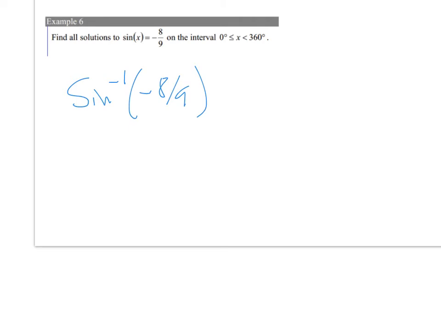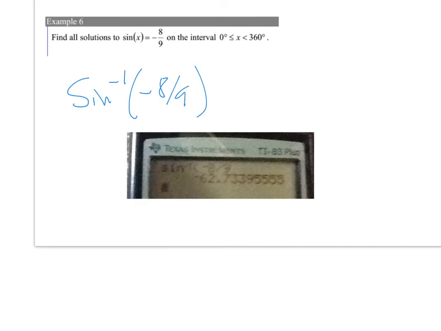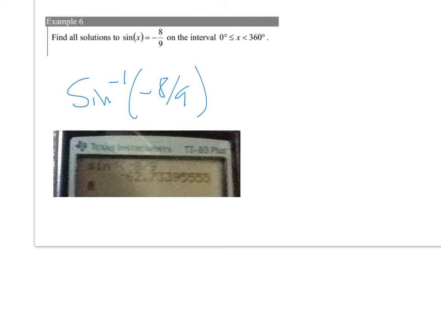So let's see, arc sine of negative 8 divided by 9. Let me get a picture of that.